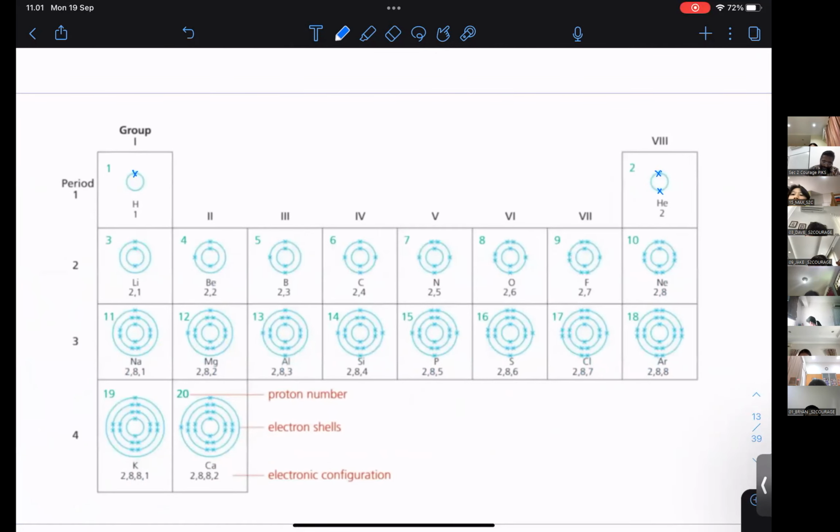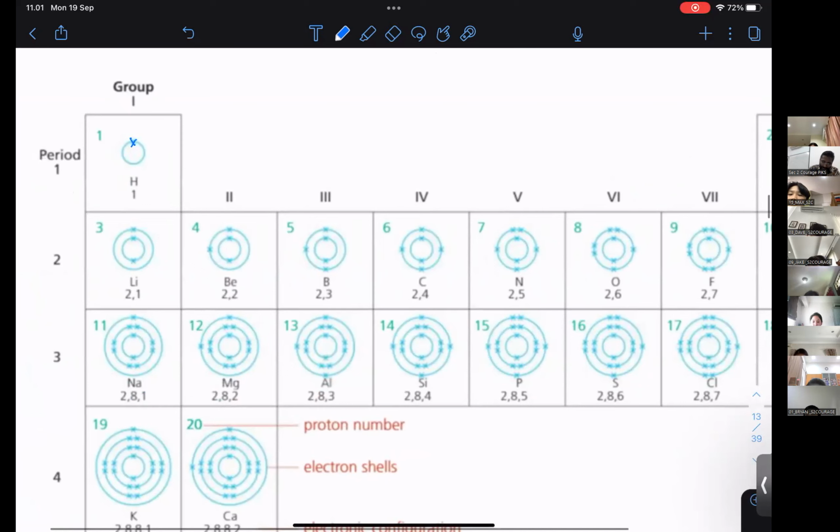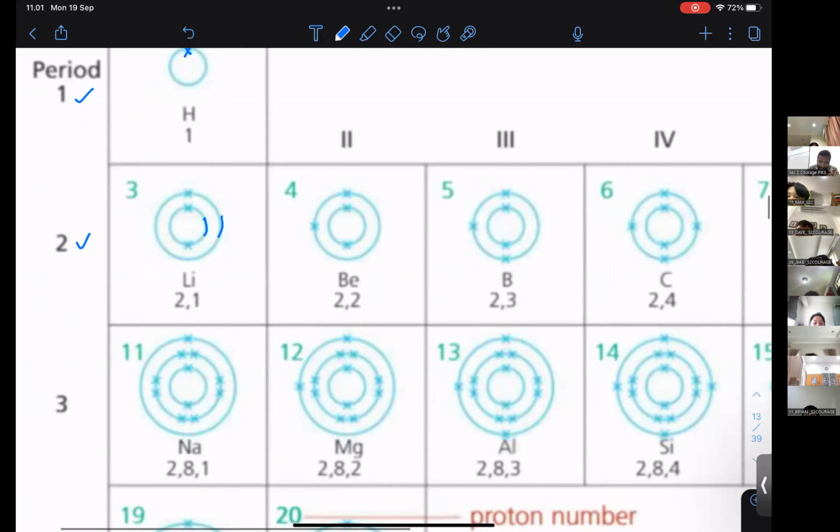In the first period there is 1 shell; in the second period there are 2 shells. This one has 3 electrons. The maximum for the first shell is 2 electrons, and the other one is going to be 1.